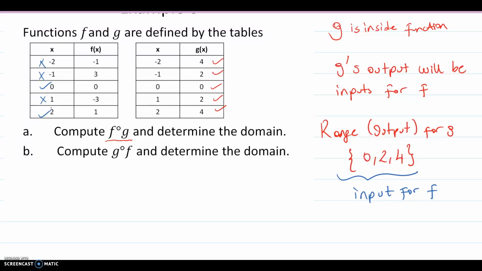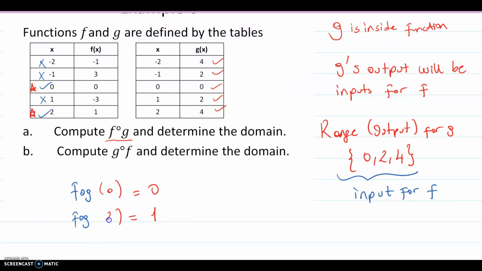So then f of g will be working only for 0 and 2. Okay, so then f of g of 0 will be 0 and f of g of 2 will be 1. Right.